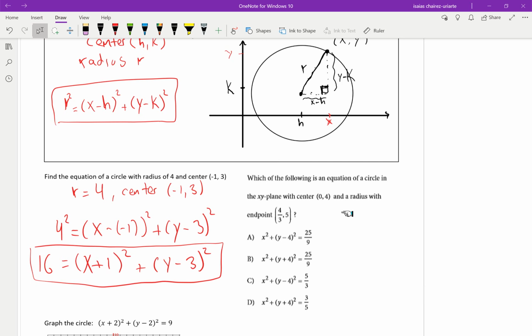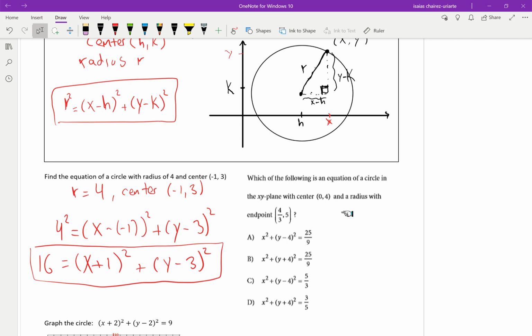Pause the video and definitely try to give this a shot. See if you can understand what the question is asking us, and let's see what the correct answer is. Hopefully you already got an answer and you know which is the correct option here. Let's see if we agree.